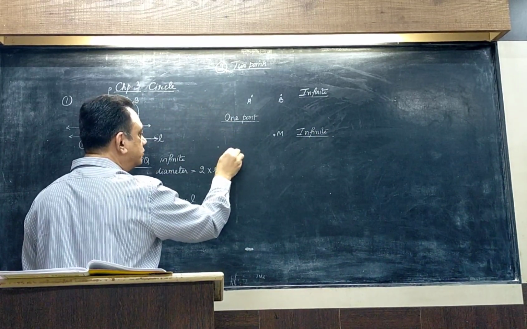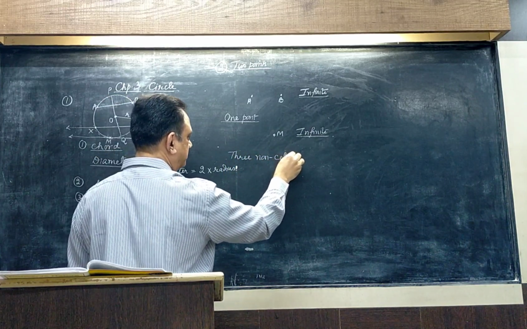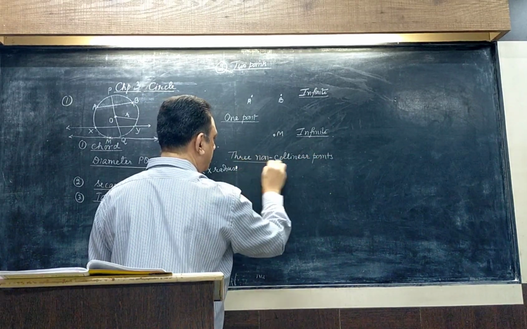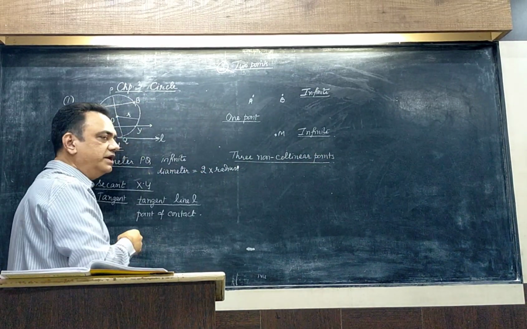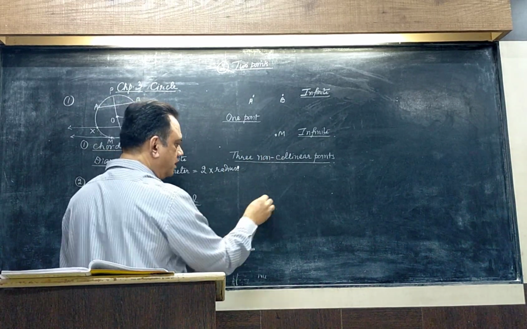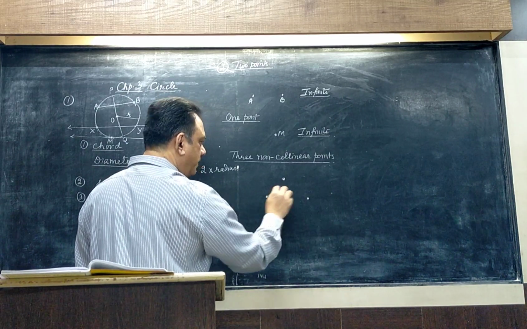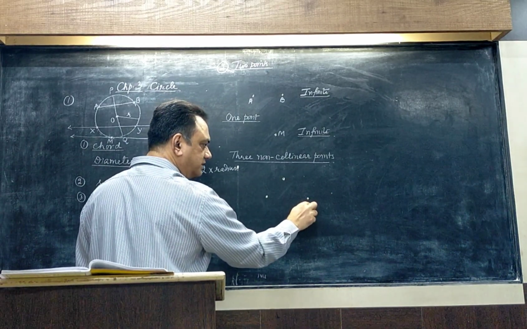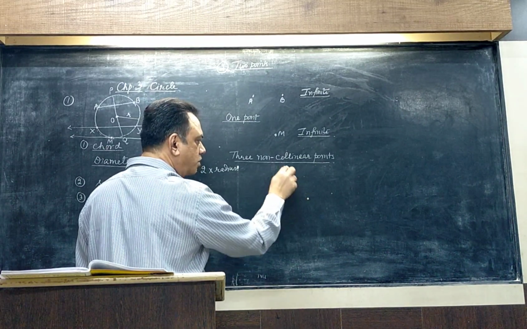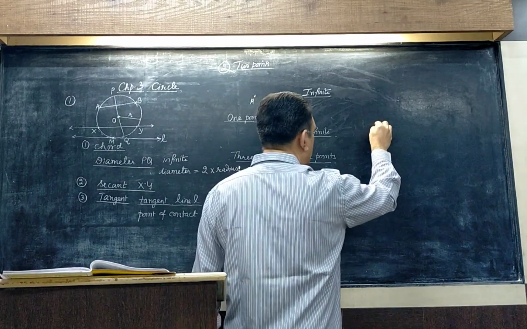If there are 3 non-collinear points, what do you understand by non-collinear points? If there is no single line passing through three given points, then the points are called non-collinear points. I'll explain it here.